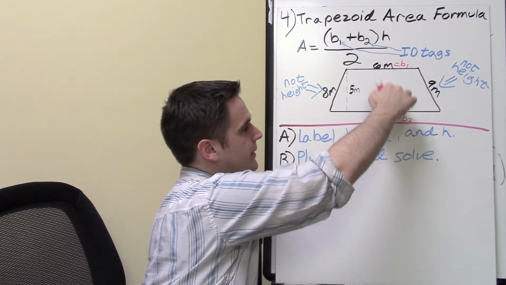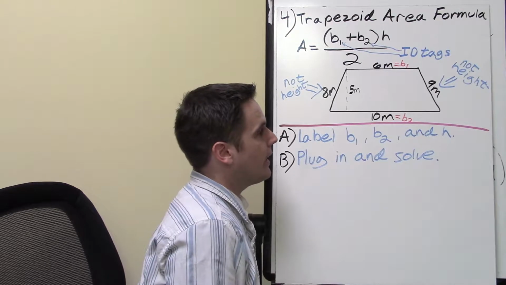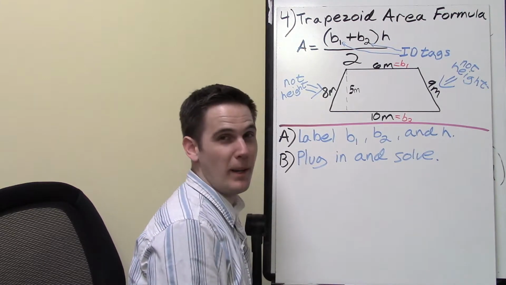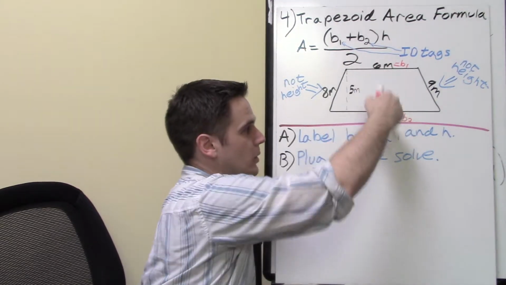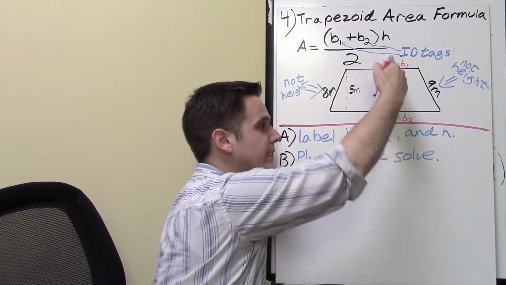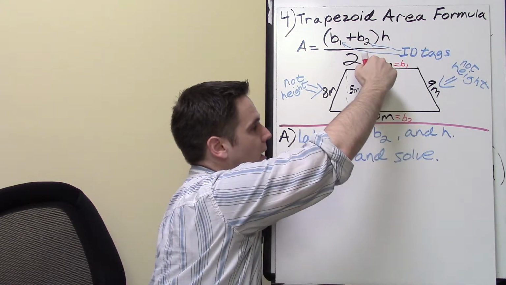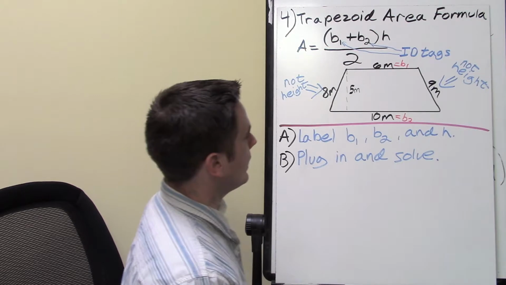But if the two bases are not the same, and that's going to happen in a trapezoid, then label 1 base 1 and label 1 base 2. It doesn't matter which. You could have base 2 here and base 1 there. It doesn't matter, just so that you tag them both properly. They're both bases, even though this is at the top, because the base can be considered the top also, but when they're different sizes, you tag them differently.